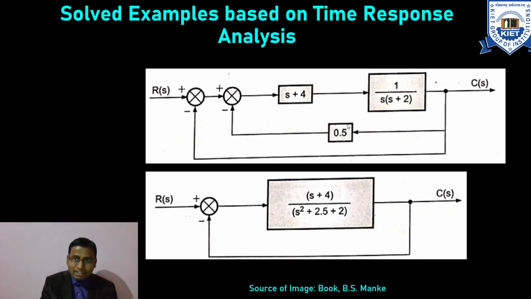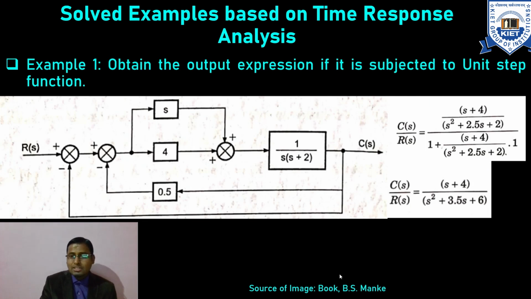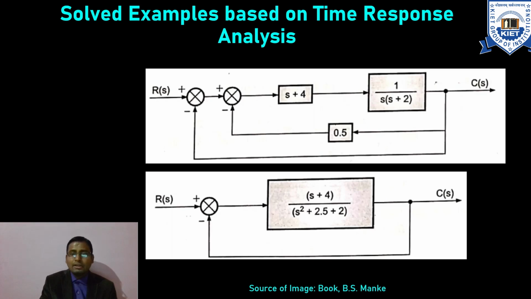After simplifying this block, we get the bottom one. Now apply C upon R. After simplification, we get the last formula, (s plus 4) divided by (s square plus 3.5s plus 6). That is the complete reduction of the given block diagram. Now come to the next.